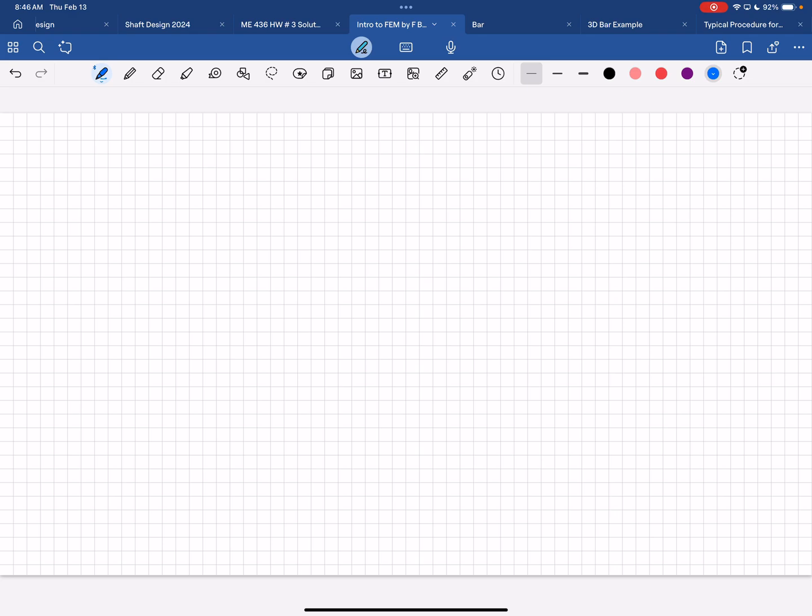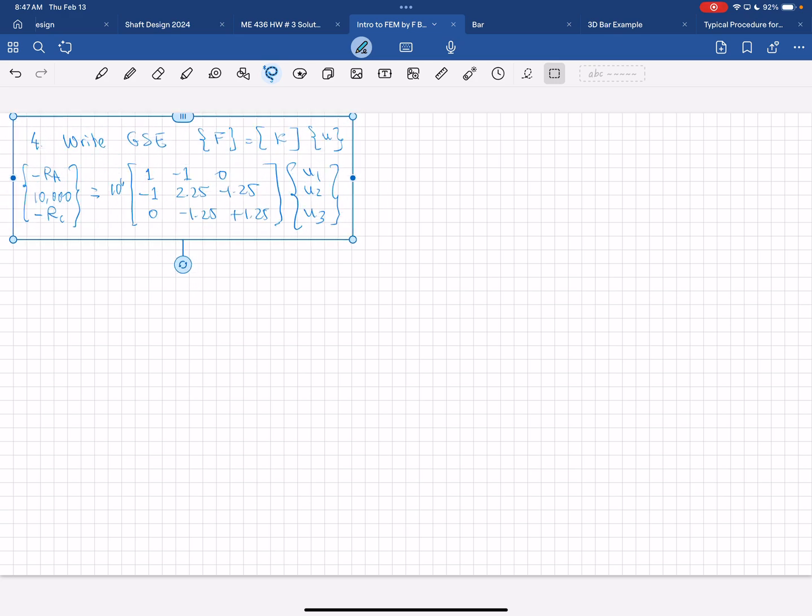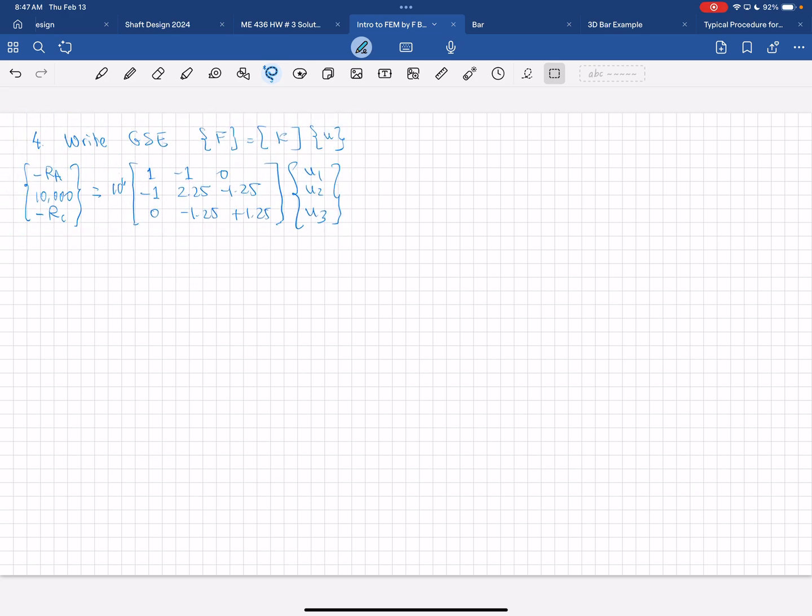So in step number 5 here, apply the boundary conditions, namely U1 equal to 0 and U3 equal to 0.002 inches.